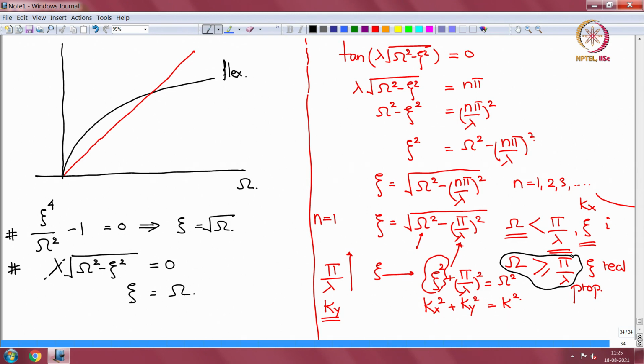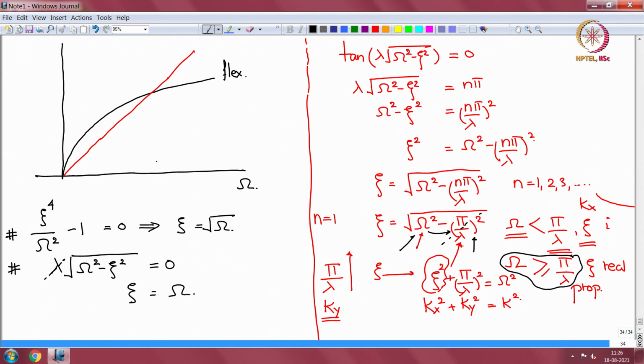So, how do we plot this thing? At very large values of omega, because pi by lambda is a fixed number, it does not change, omega square is much greater than pi by lambda whole squared. So, you can neglect this term and then I get square root of omega square, which is omega. So, xi equal to omega is my plane wave.